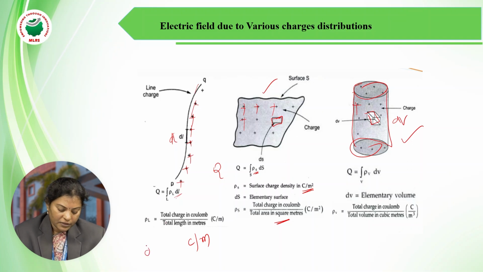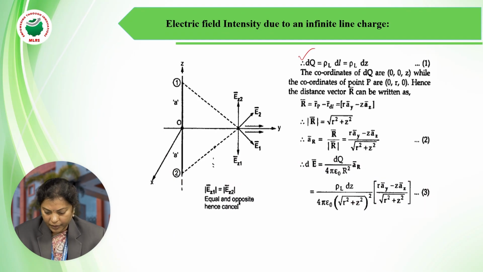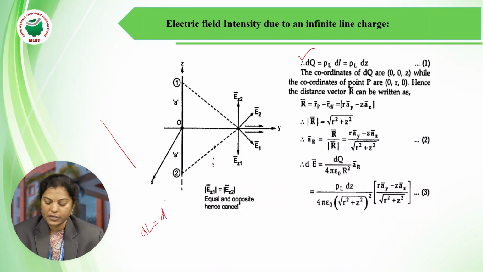From this we can write dq equal to rho L into dl. Here I am considering the z axis, so dl equal to dz. So dq equal to rho L into dz.